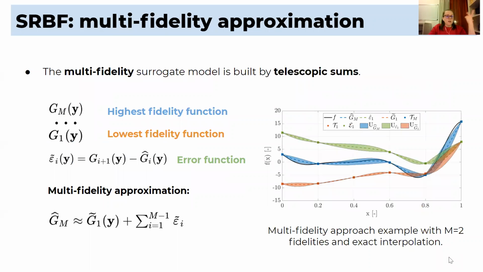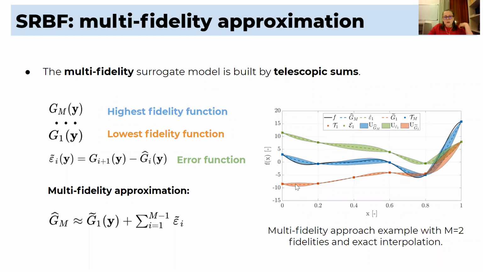Yes, so we then can construct the multi-fidelity model, and this is built by telescopic sums. Here we have just an illustration with two fidelities. The orange one is the lowest fidelity, so of level 1.